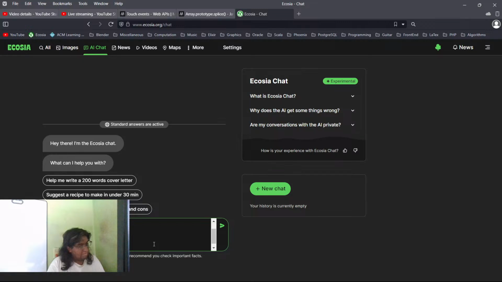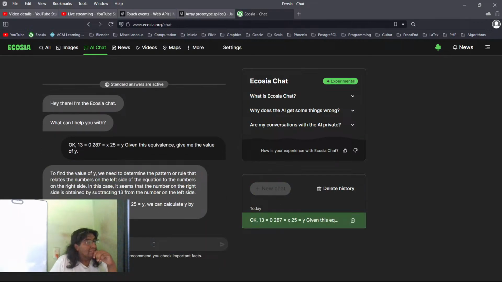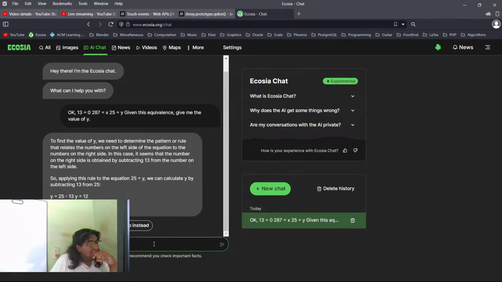Given this equivalence, give me the value of y. It says, well, we need to determine the pattern or rule that relates the single number on the right side obtained by 13. So the answer, we can get y was 25.